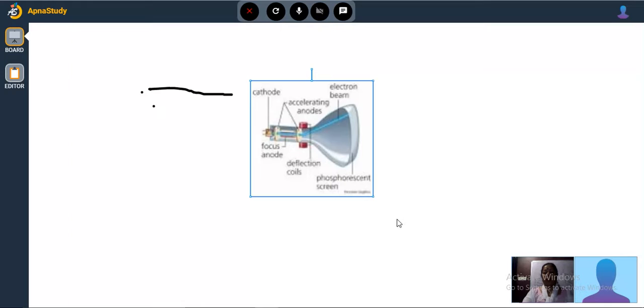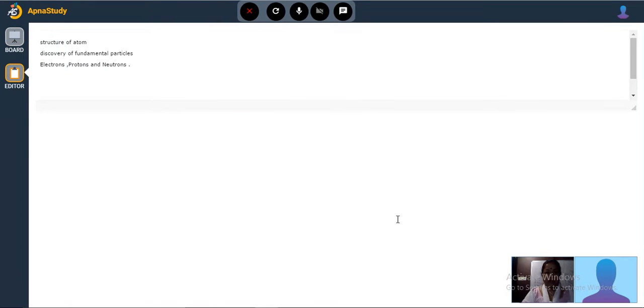Now we will study what the different characteristics of cathode rays are. The first characteristic is that these cathode rays travel in a straight line.